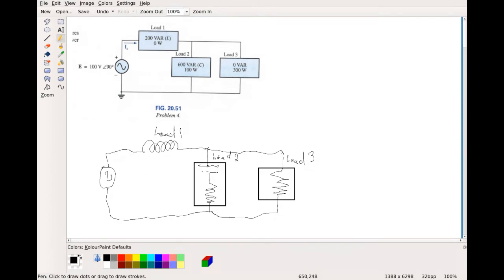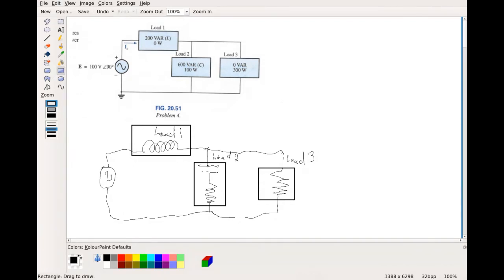Then they're going to ask us to draw the power triangle and find the total current and various other things like that. They have several examples in here.